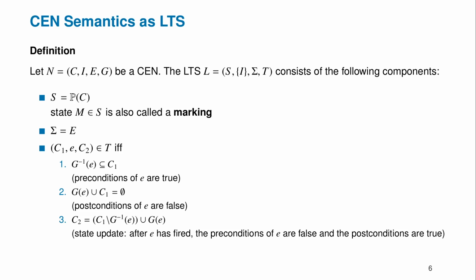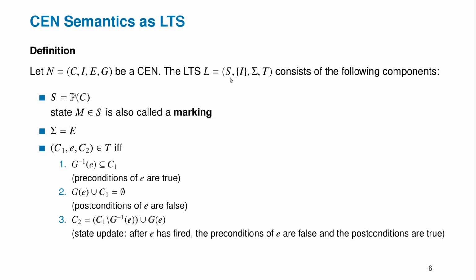Let N be a CEN with conditions C, initial marking I, events E, and dependence graph G. Then we define an LTS L that gives us the behavior of N as follows.